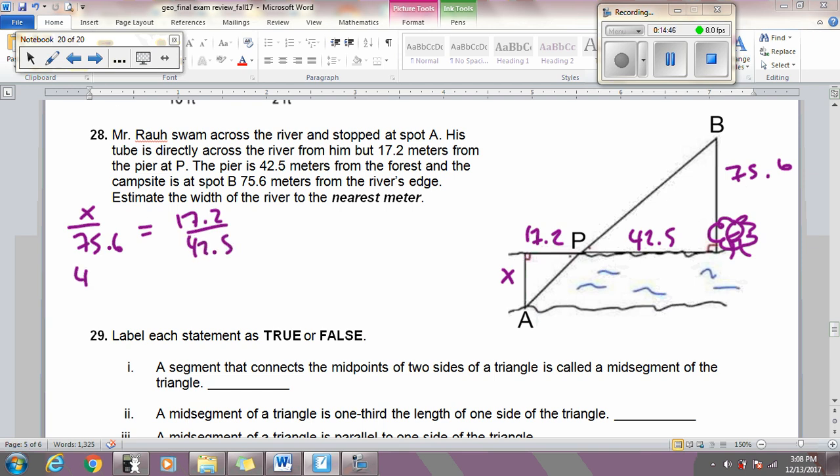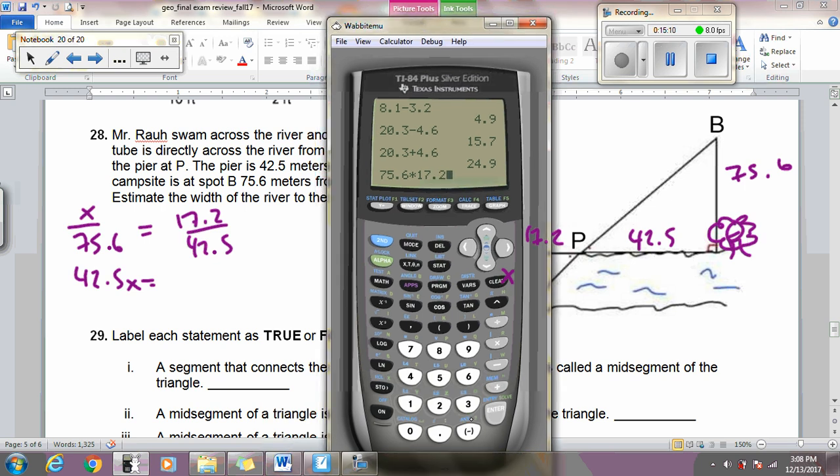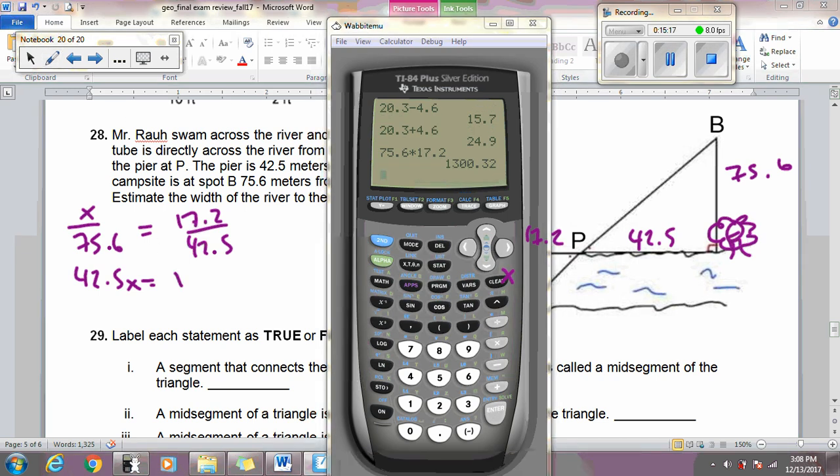So that would be 42.5x is equal to 75.6 times 17.2, which is 1,300.32.